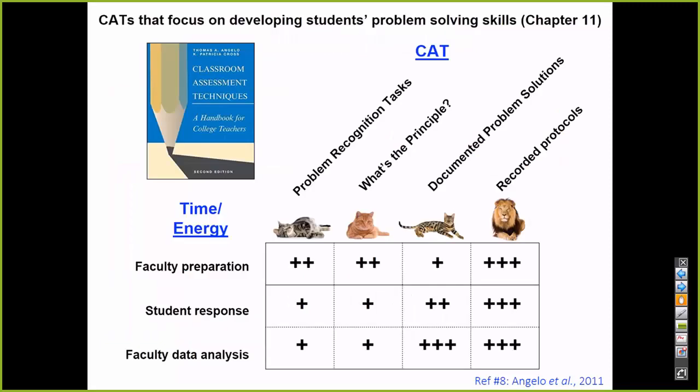And so what you just did is part of a larger set of classroom assessment techniques that are focused on problem-solving skills. The one we just did is problem recognition tasks, where it's not about answering the question, it's about taking a step back and saying, what is the question about, right? And then if you look at this book, they have various other ones, and some of them require a lot more energy and time.